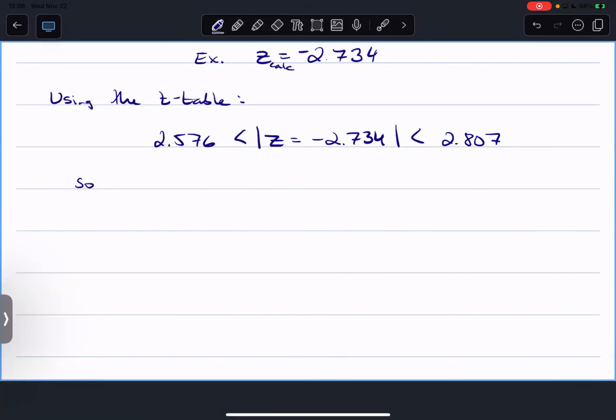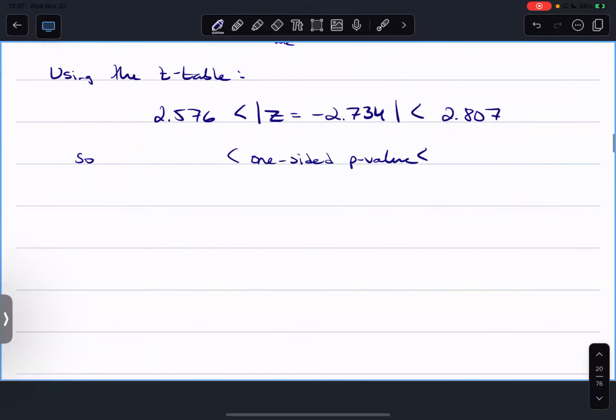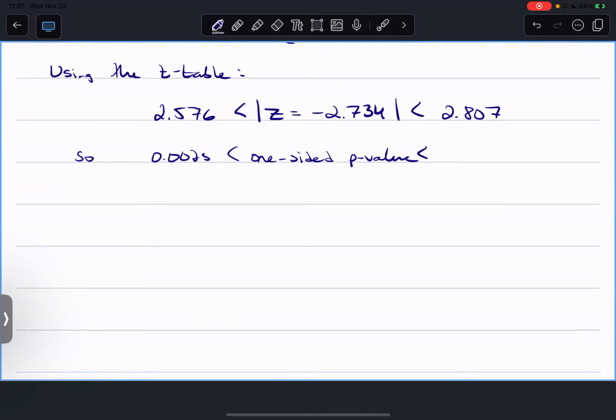So let's say our one-sided p-value, because I'm lazy, would be between, reading from right to left, 0.0025 and 0.005. We can confirm that, right, by finding the more precise p-value in the Z table.